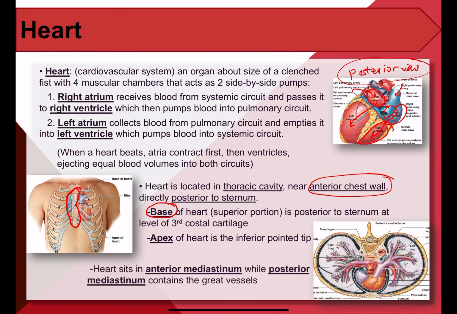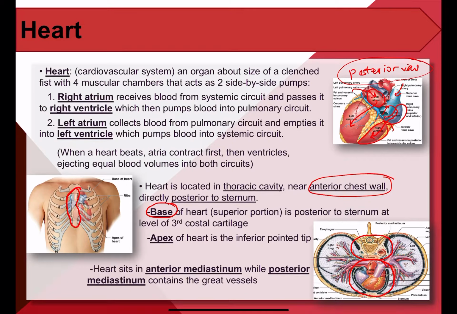And so the heart sits within the mediastinum. We already talked about the position of the mediastinum last semester when we were going over those serous membranes of the lungs, the heart, and those cavities, peritoneal cavities, all that stuff. So the heart actually sits within the anterior mediastinum, while the posterior mediastinum right here is what contains your great vessels.